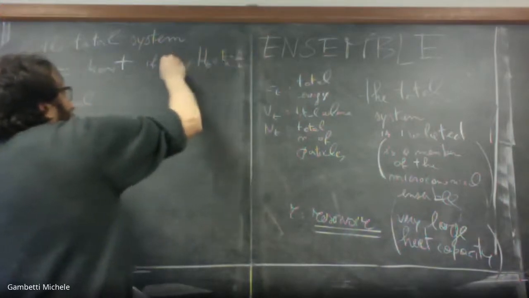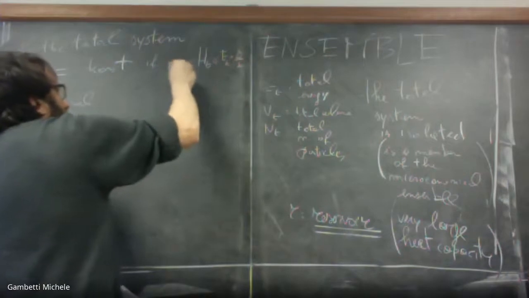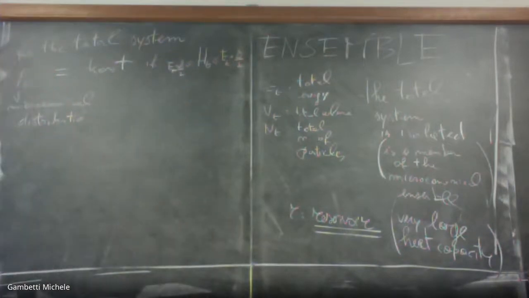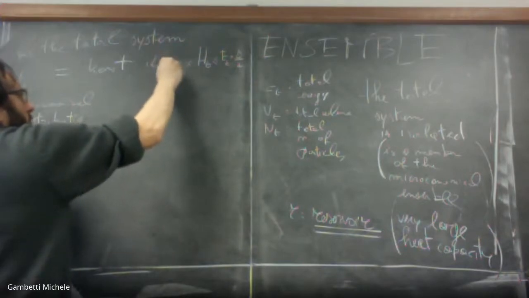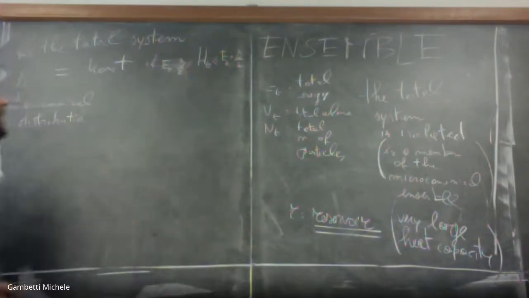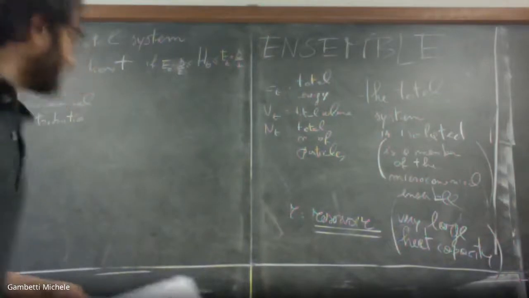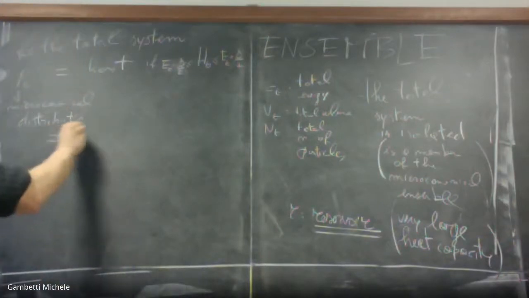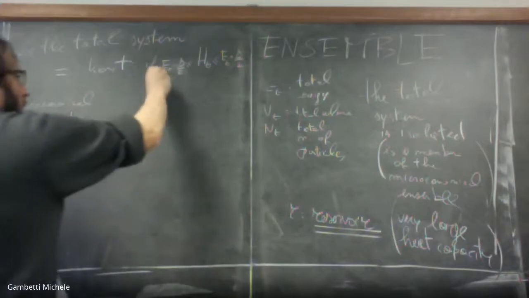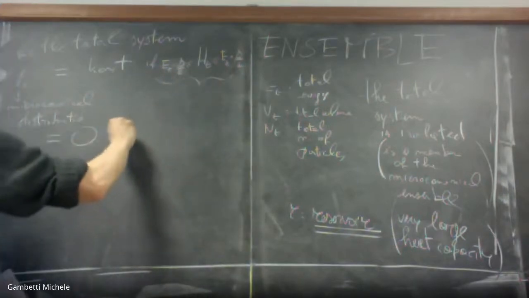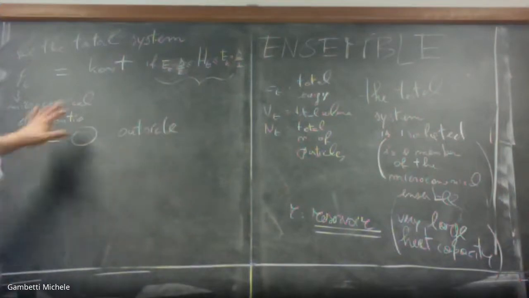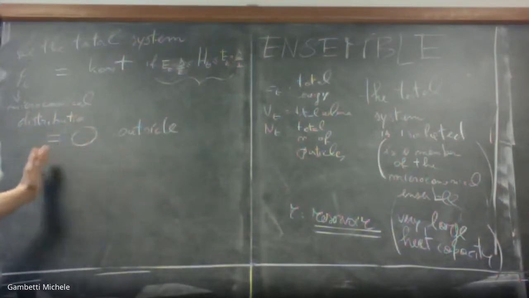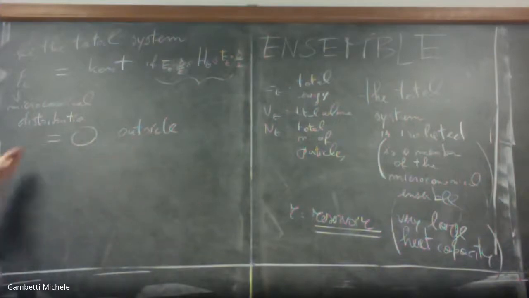Actually it's the same as the description of the microcanonical ensemble that we introduced a few hours ago, and this is 0 outside of this region. So this is the standard microcanonical distribution associated with the total system.